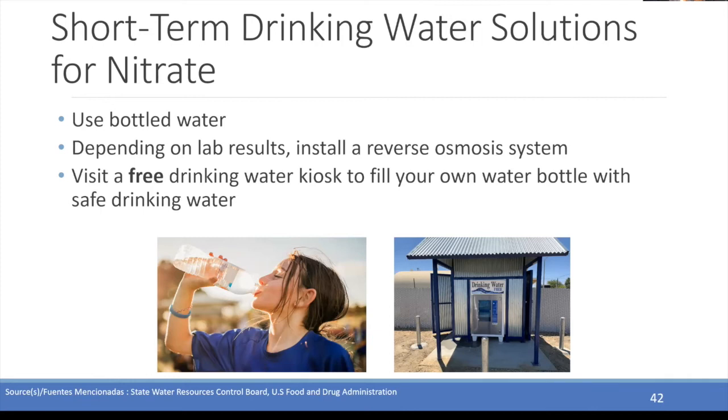Depending on the lab results for how much nitrate, or if you have other contaminants in your water, a reverse osmosis system installed underneath the sink may be a good choice for your family. There are also free drinking water kiosks available for immediate needs to fill your own bottled water.